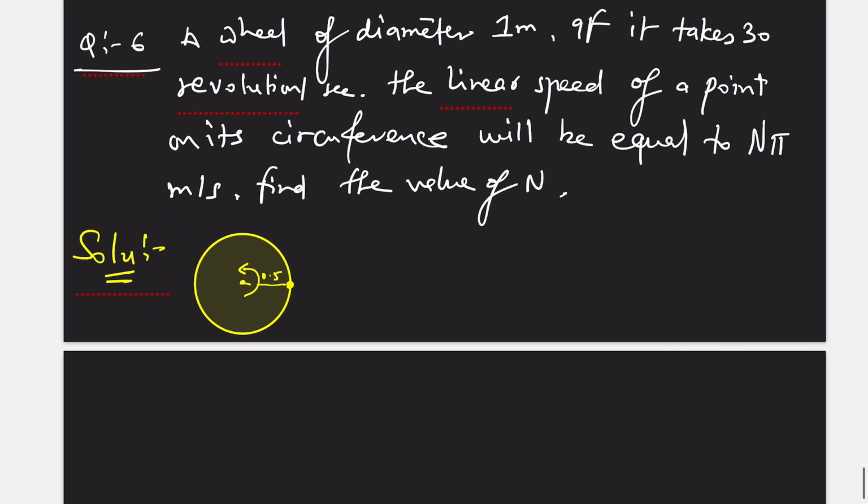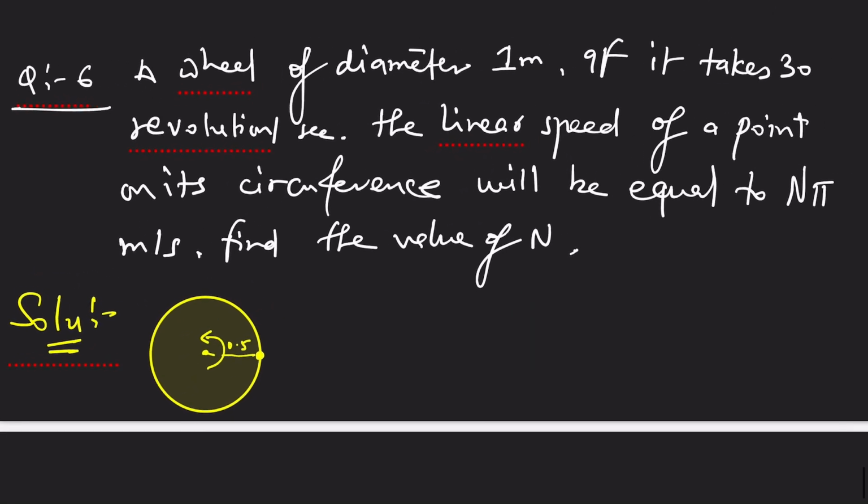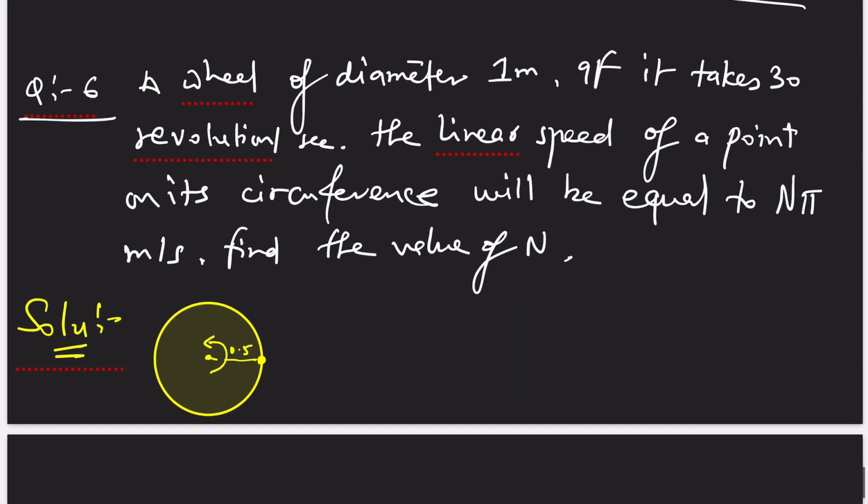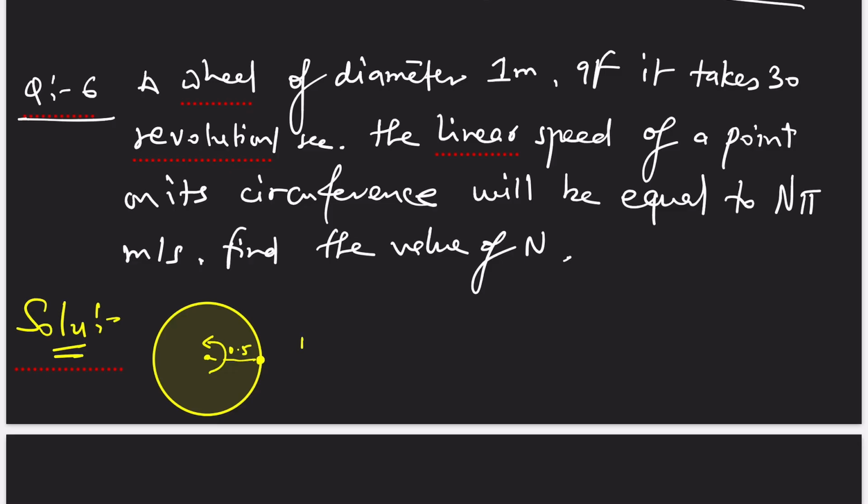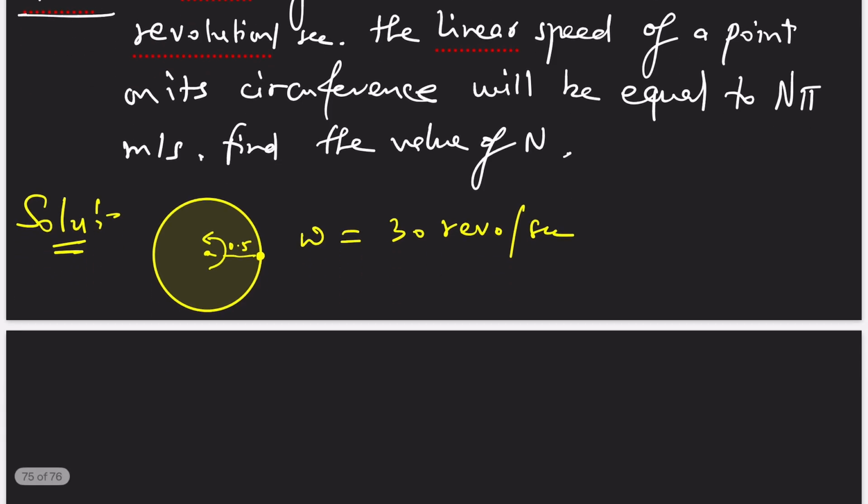Now, omega is given: it is doing 30 revolutions per second. Here you have to see some basics. In one revolution, you cover an angle of 2 pi.